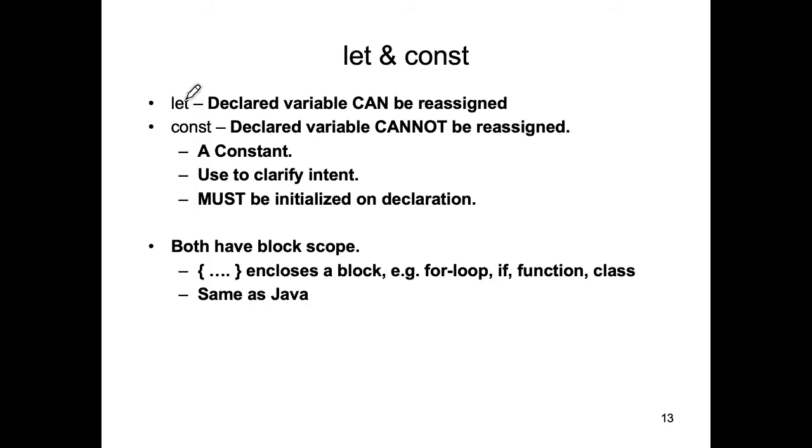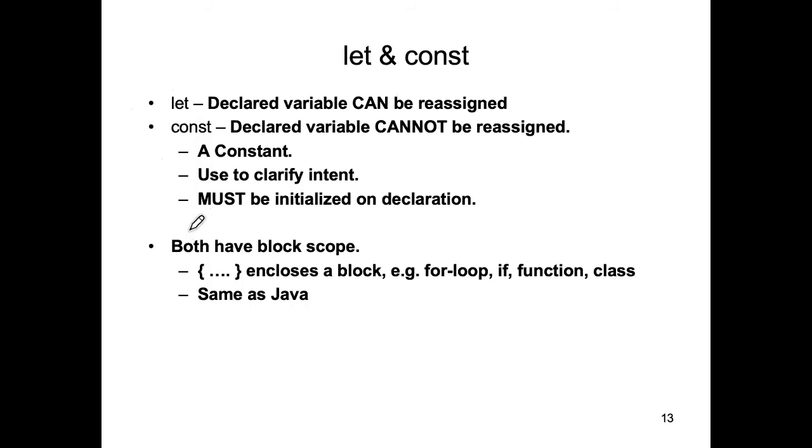As I said, if you are very lazy, you could just use let for everything, even though you know that the variable isn't going to be reassigned. But try and get into the habit of using these two in the way that they were intended. I'm pretty sure that in my code, I use let sometimes when I should have used const. So we all fall into that trap.